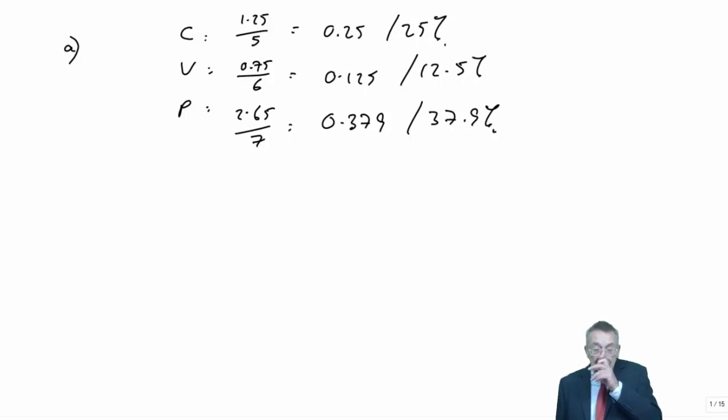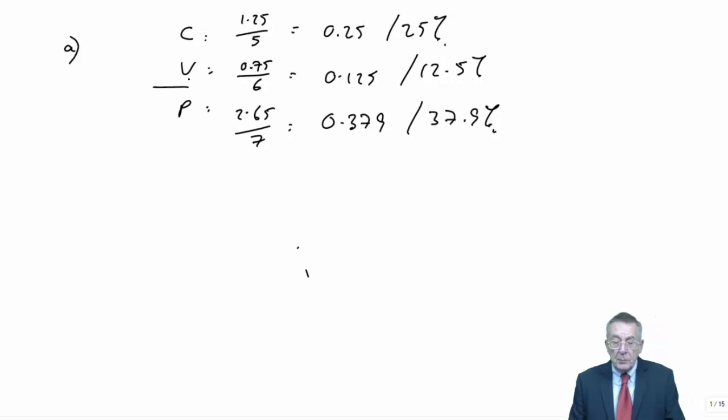Now the point is here, when we're working out the average CS ratio, we can't simply do an ordinary average and add them up and divide by 3. I'll tell you why.